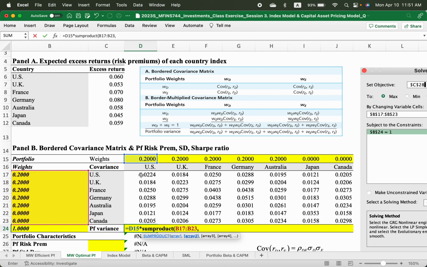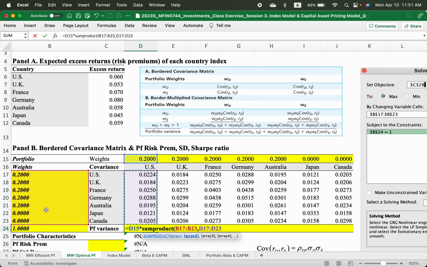Right, this one and here. This is the sum of these covariance matrix and the weight, right?